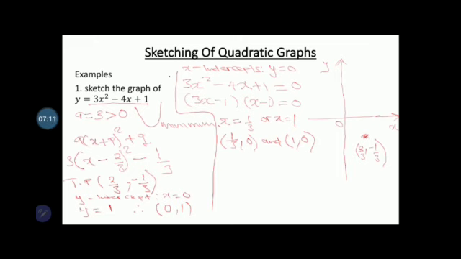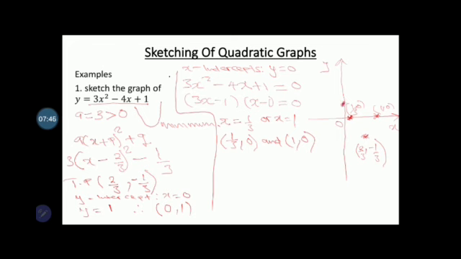Then it's cutting the x-axis at 1 over 3, 0. So let's assume here we have 1 over 3, 0. Then it's also cutting at 1, 0. So let's have 1, 0 somewhere there, and it's cutting the y-axis at the y-intercept 0, 1.